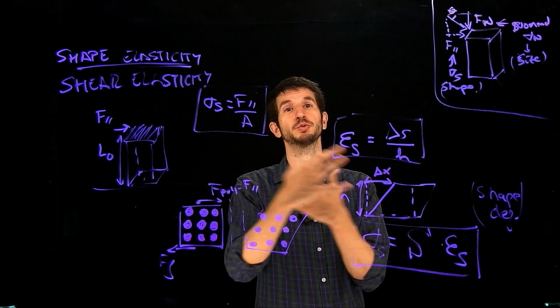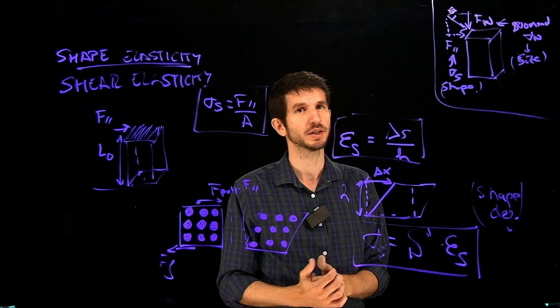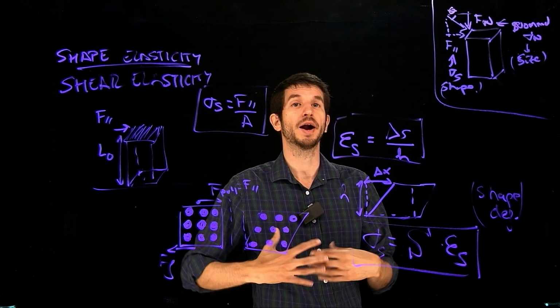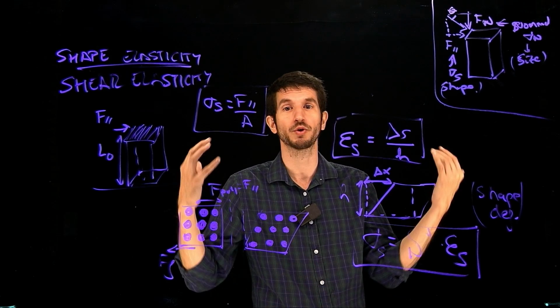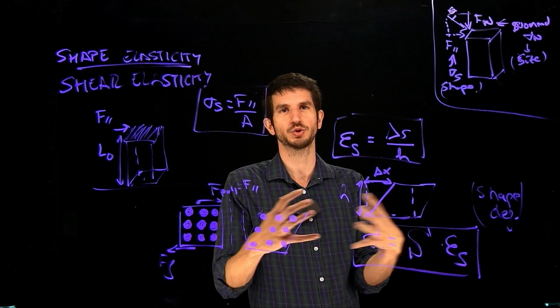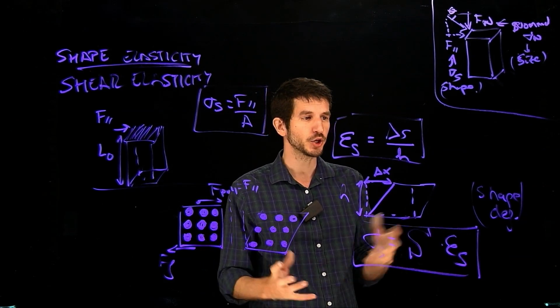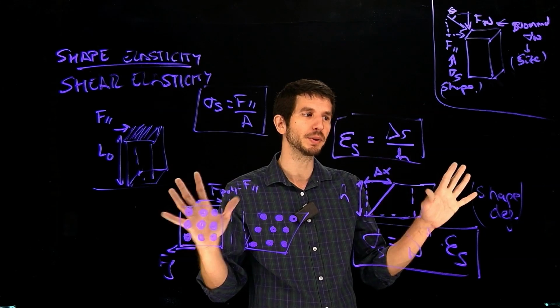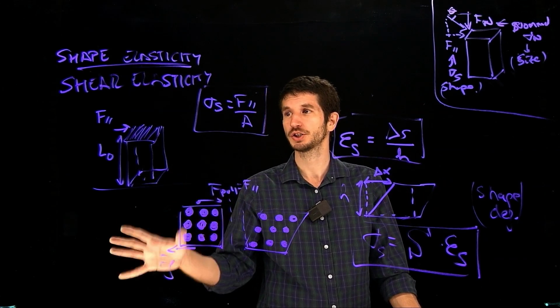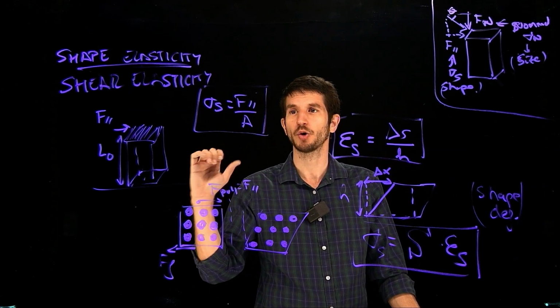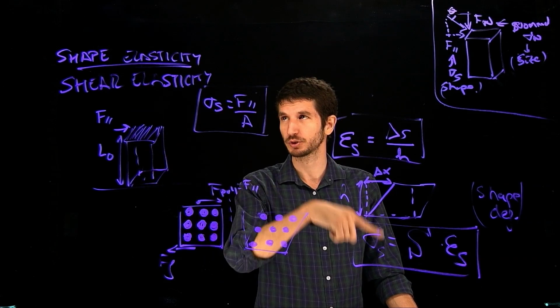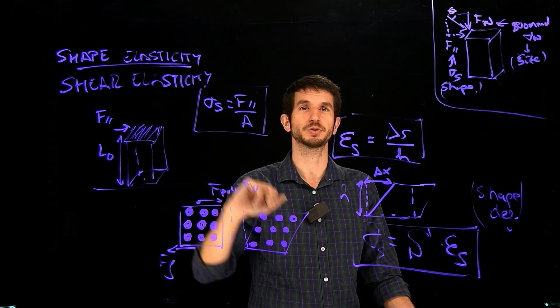So rubber is going to be easier to move than concrete, right? So the harder it is, the more difficult it's going to be for a given force to produce a strain. So you can play with these numbers, but anyway, this just completes the description of shear stress and normal stress, where normal stress is responsible for size, and shear stress is responsible for shape.